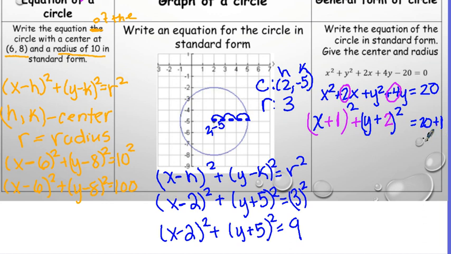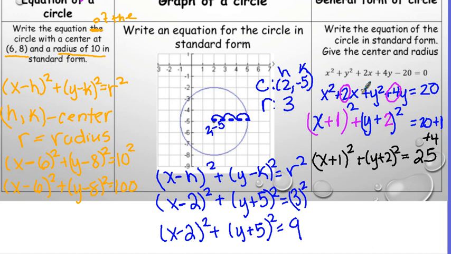So I'm going to add 4 to the other side of the equation. So if I rewrite this, I get x plus 1 all squared plus y plus 2 all squared equals 20 plus 1 plus 4, which is 25.